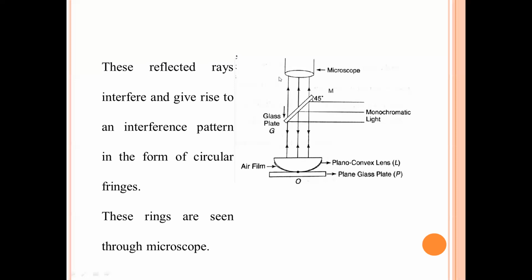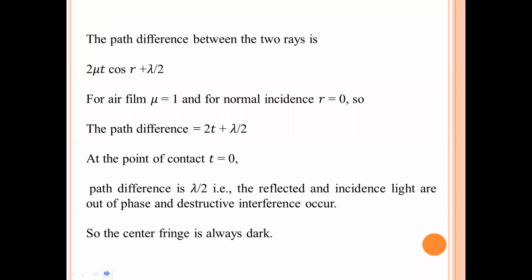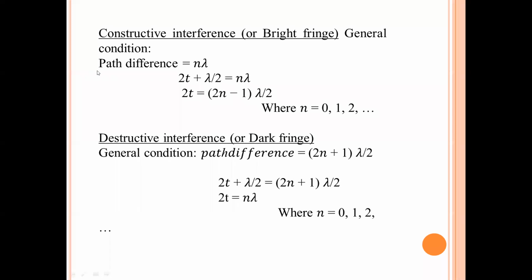And these rings we have to see through the traveling microscope. So that is the Newton's rings experiment. In this session, we discussed the conditions for obtaining the dark ring and bright ring. Sorry, here I wrote dark fringe; actually, this is a dark ring. Okay, thank you all.